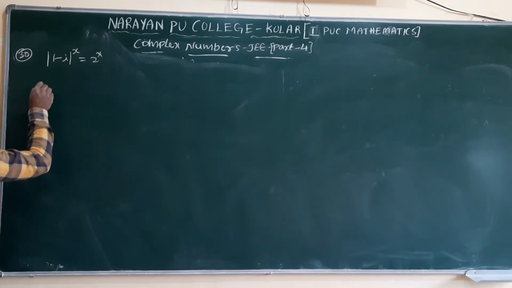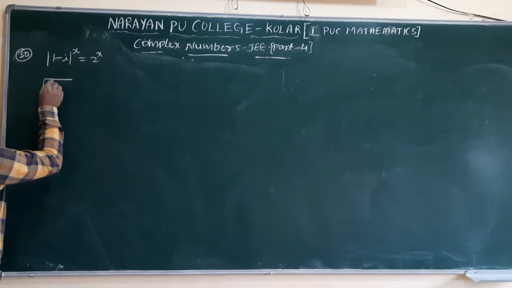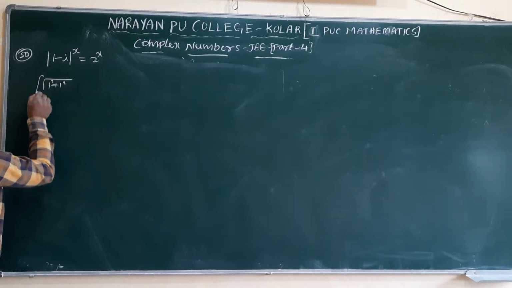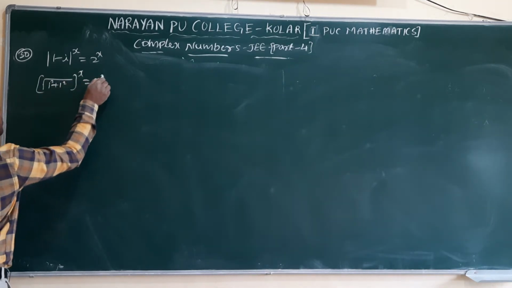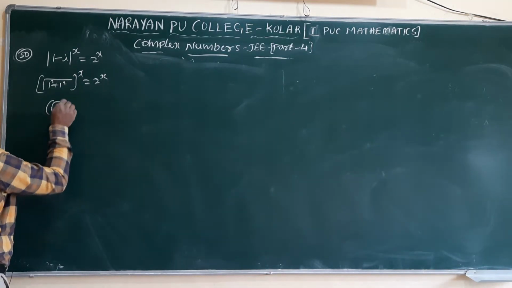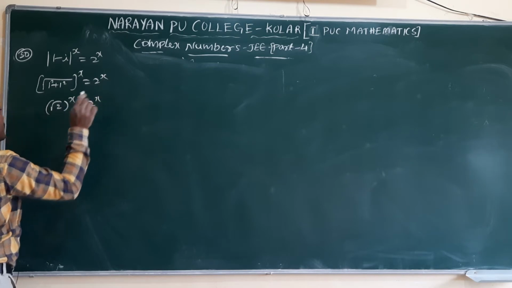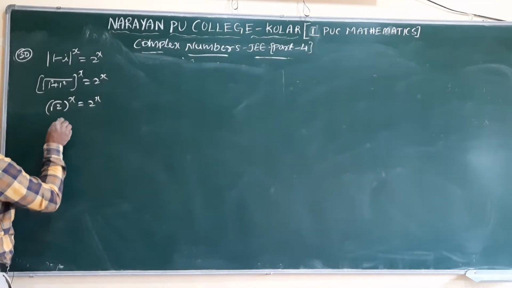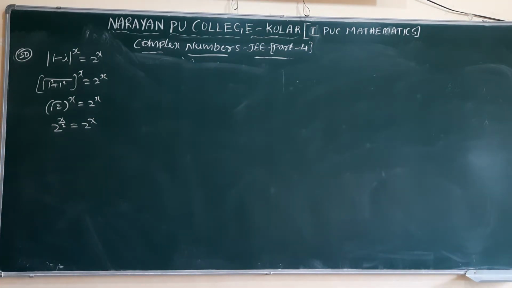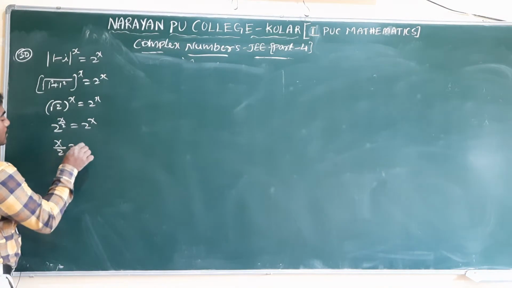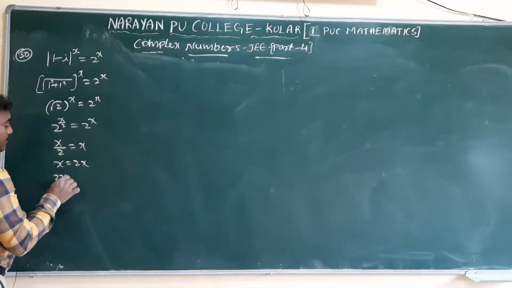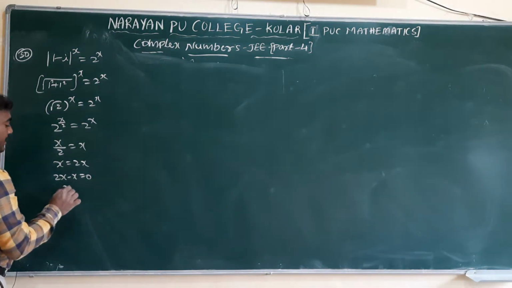We already know the modulus value: square root of 1 squared plus 1 squared, which is square root of 2. So square root of 2 whole power x is equal to 2 power x, so 2 power x by 2 is equal to 2 power x. Comparing the powers, x by 2 is equal to x, so x is 2x, 2x minus x is 0, so x is equal to 0.